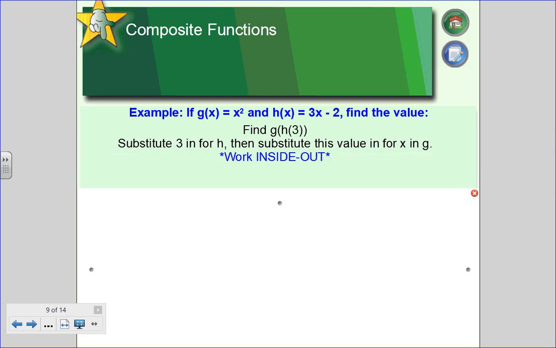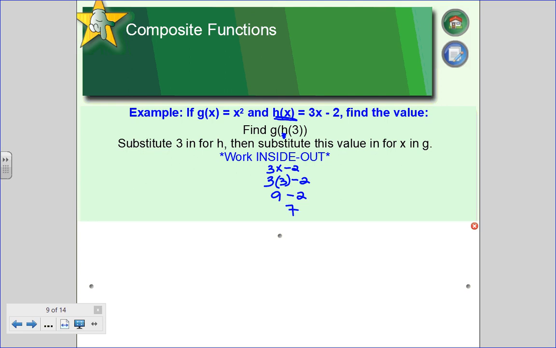All right, so work inside out. h of 3 means find the h function, which is right here, and put 3 in for every x we see. So 3x minus 2 is the h function, and I'm going to replace any x I see with a 3, giving me 9 minus 2, which is 7.